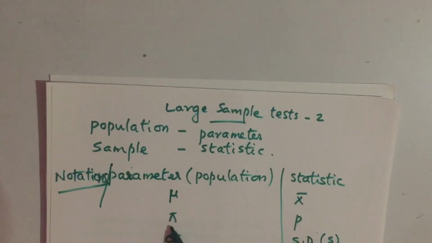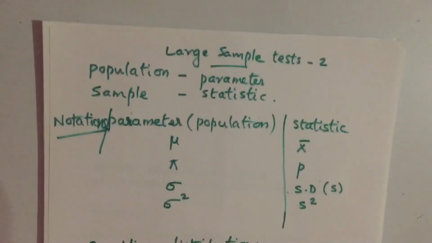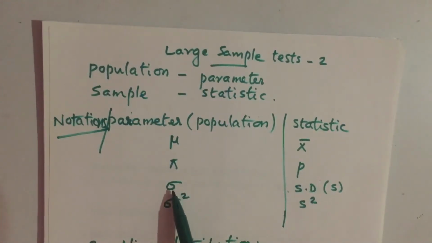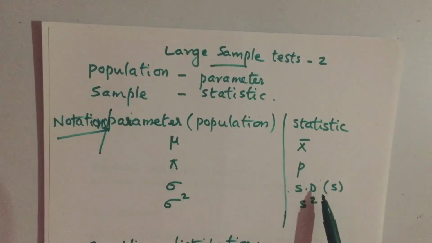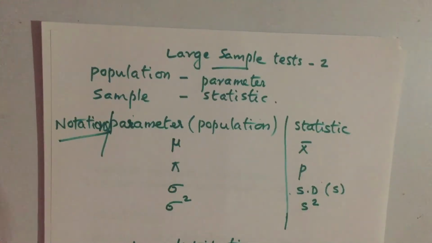The probability of a population is represented by pi, and for a statistic we use the letter p. The standard deviation of a population is sigma, and the standard deviation of a sample is s. Sigma square is the variance of a population, and S square is the variance of a sample.